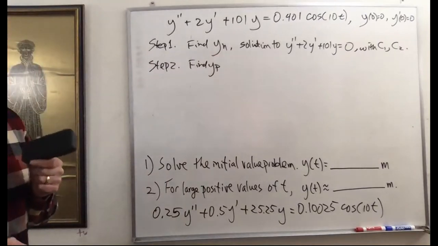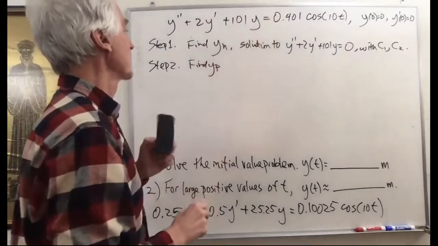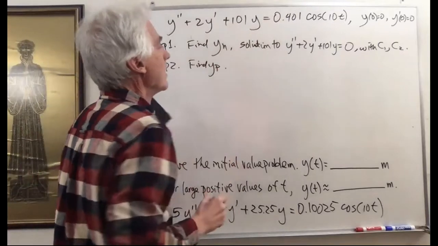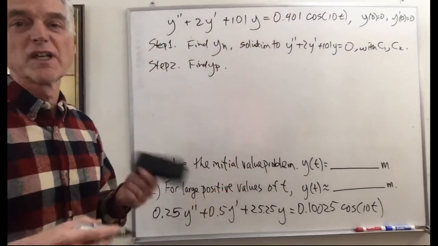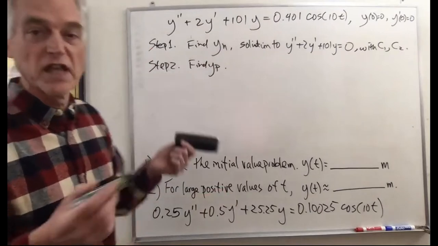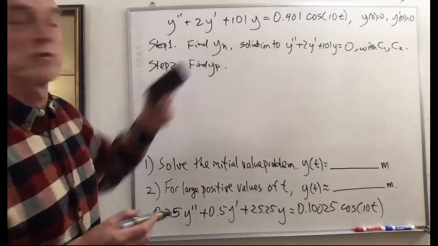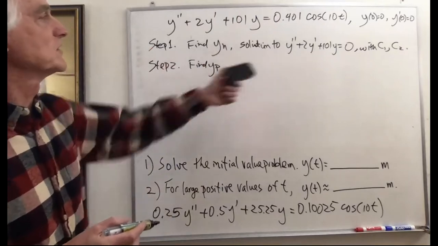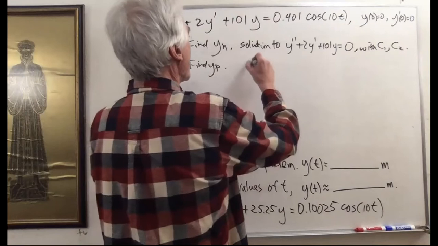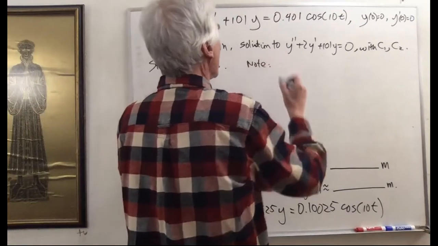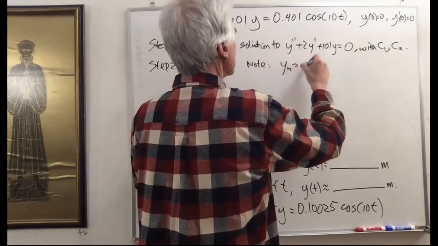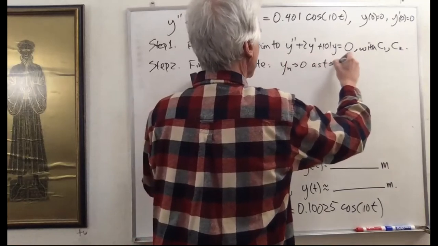All right, one solution to the non-homogeneous equation. We'll get into this more later. This will have the undetermined coefficients. We'll talk about that after we've done the YH. But one of the things you notice is that YH goes to 0 as t goes to infinity.